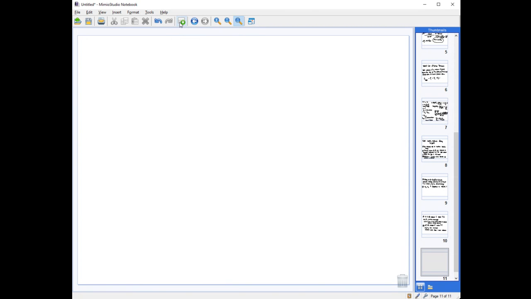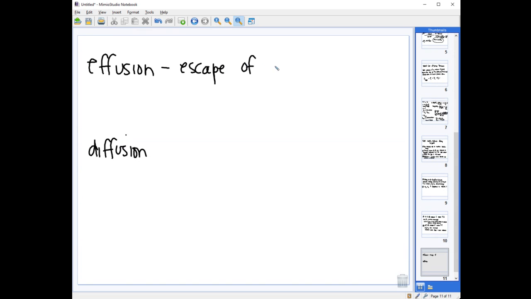On page 423, you have a couple of different definitions that I just want to hit on. Those are effusion and diffusion. Effusion is the escape of gas molecules through a tiny hole.